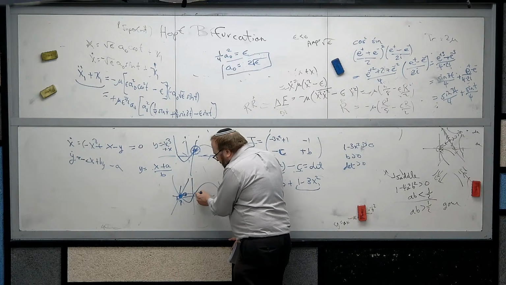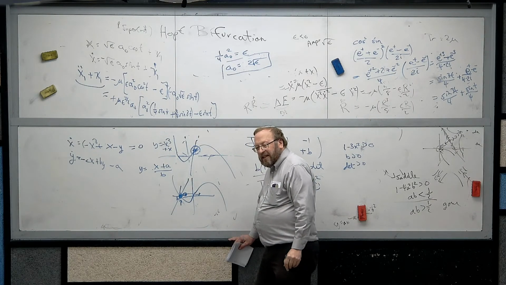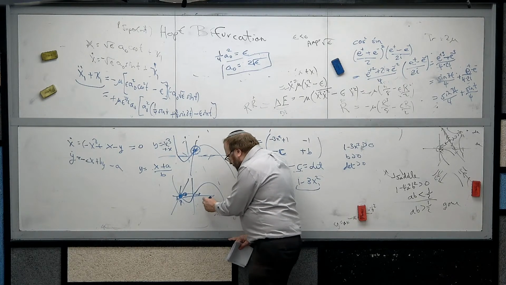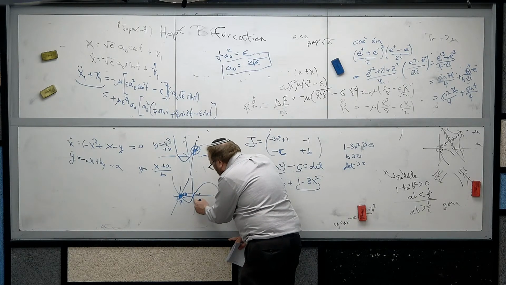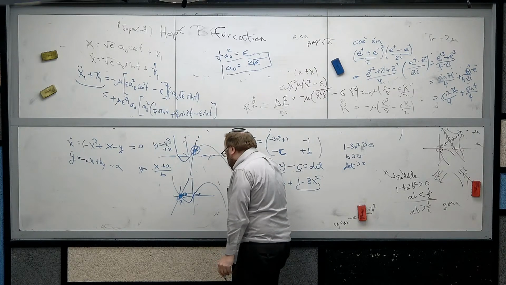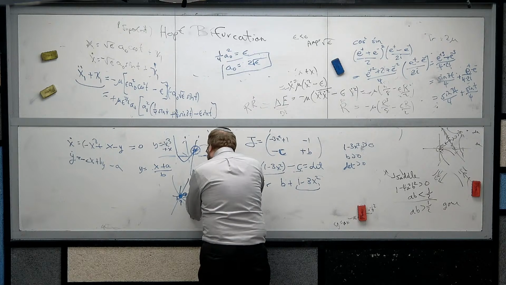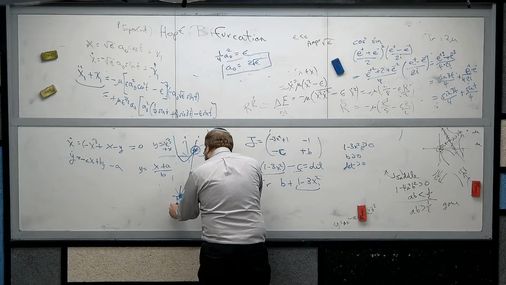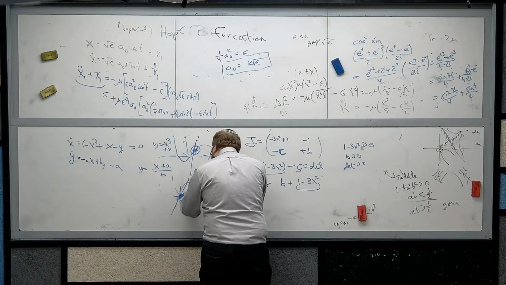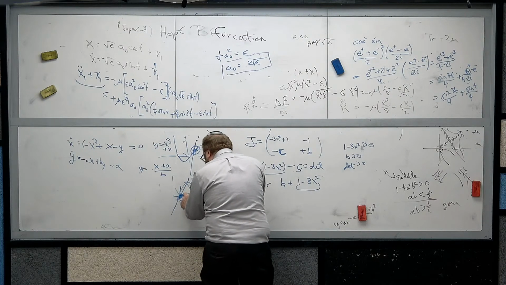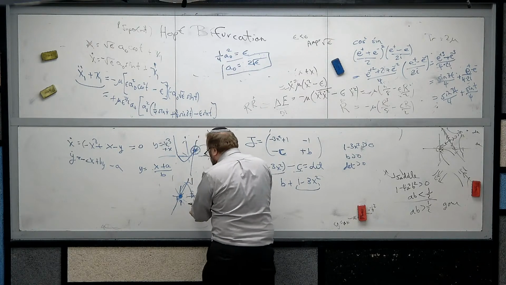But if you take a large perturbation, then in fact what happens is, that's my problem, my sign. It had to go the other way, like that. It has to go this way. That's what I screwed up.